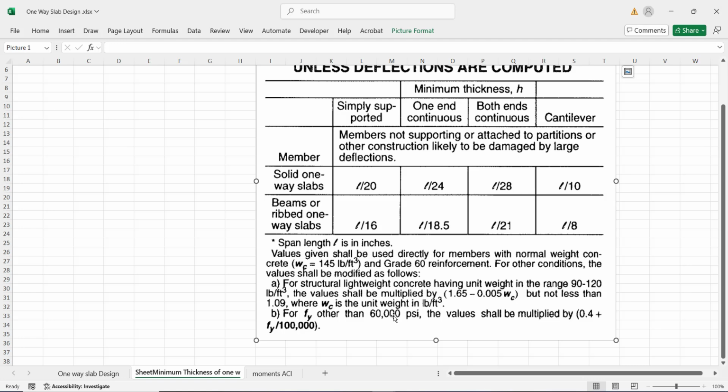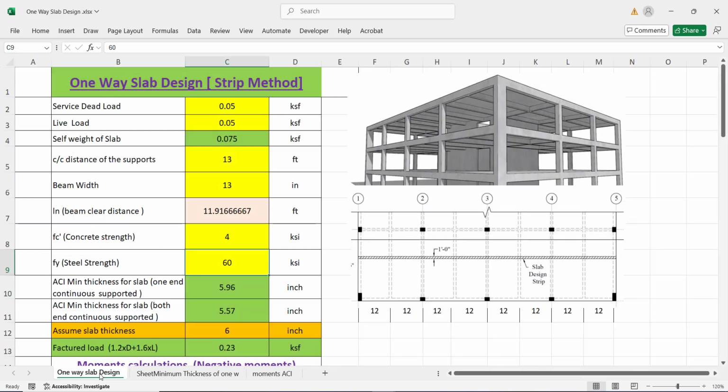So this is another formula, if fy is 40 grade, that is 40,000 psi. This is a simple sheet I'm sharing with you, so take it. It is free, and you can design a simply supported one-way slab very easily.